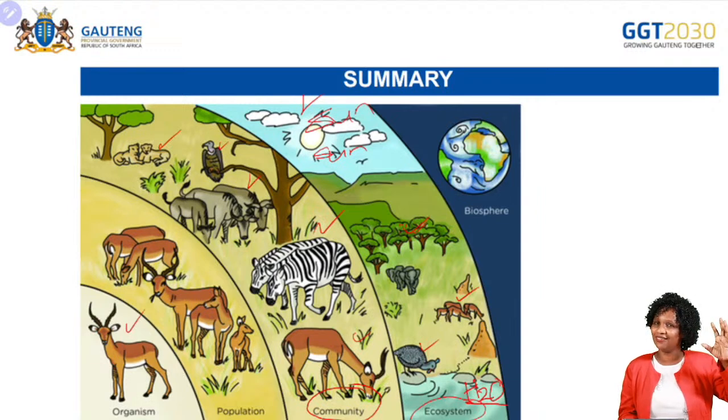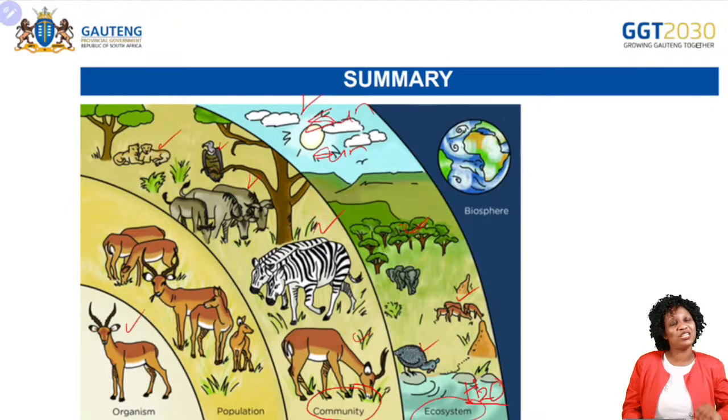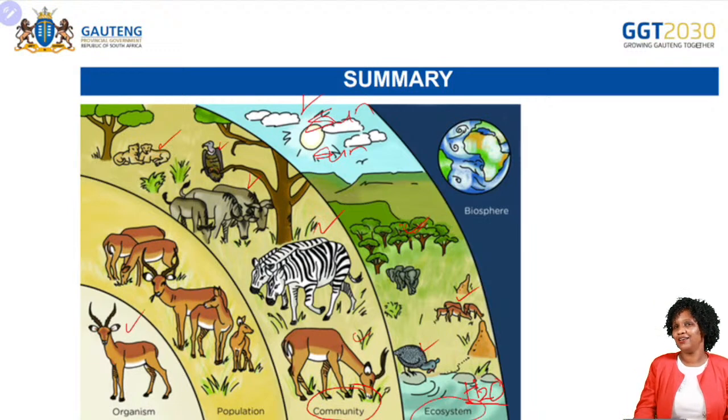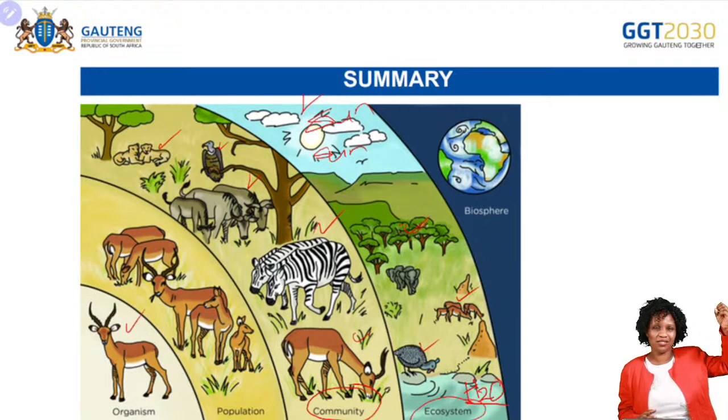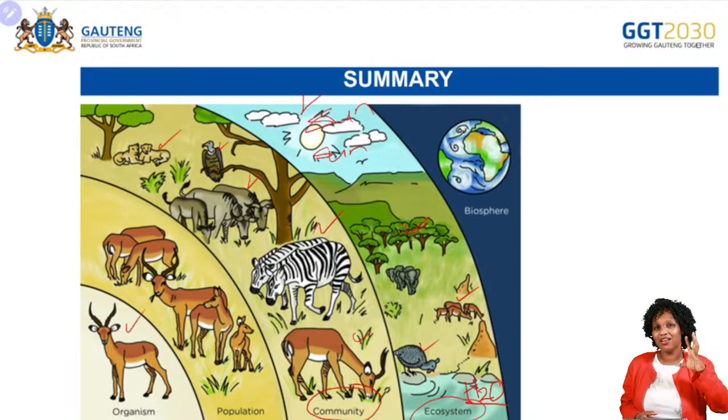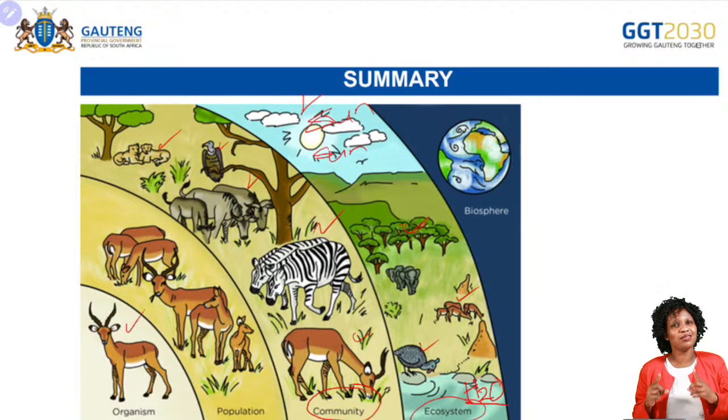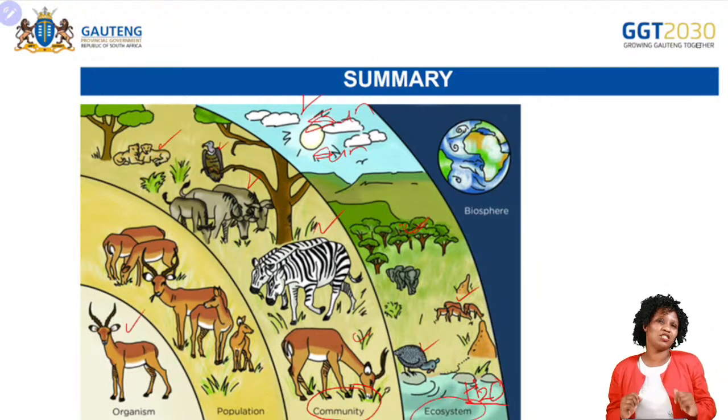And then it will also need water from the soil. Then, whilst we've got the sun, the radiant energy, the carbon dioxide from the atmosphere, and water from the soil, the plant will be able to produce its food.